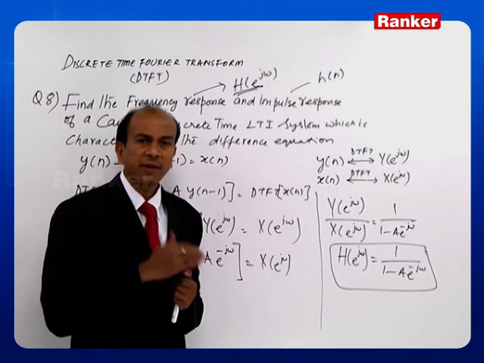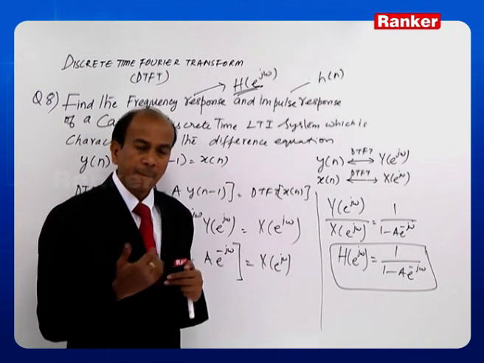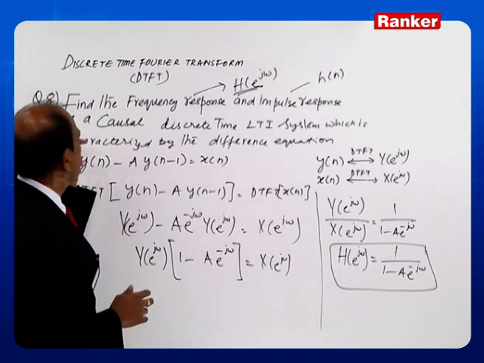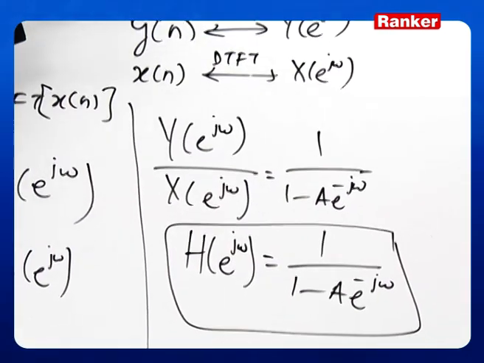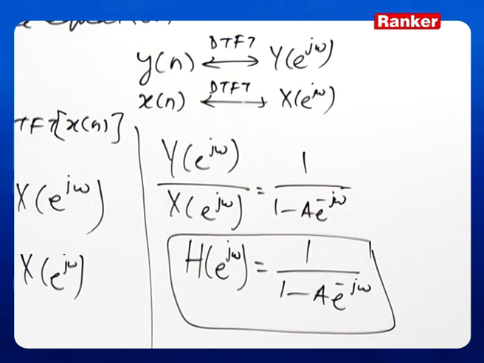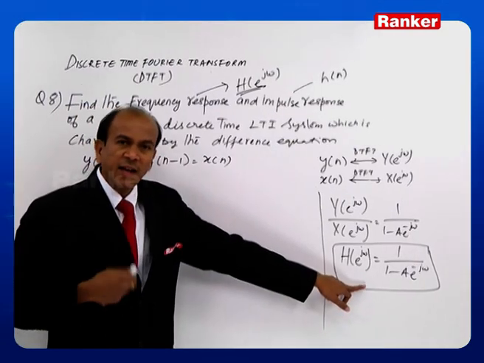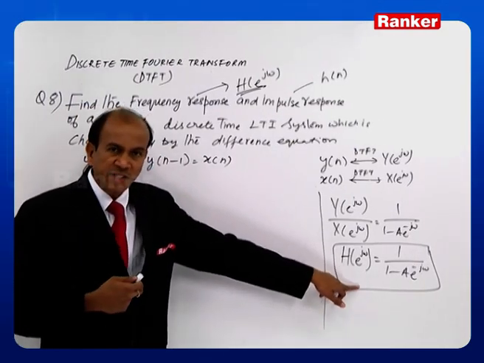Now, what is next we have to calculate? We have to calculate the impulse response, that is h of n. If I take the inverse DTFT of this, I will get h of n.